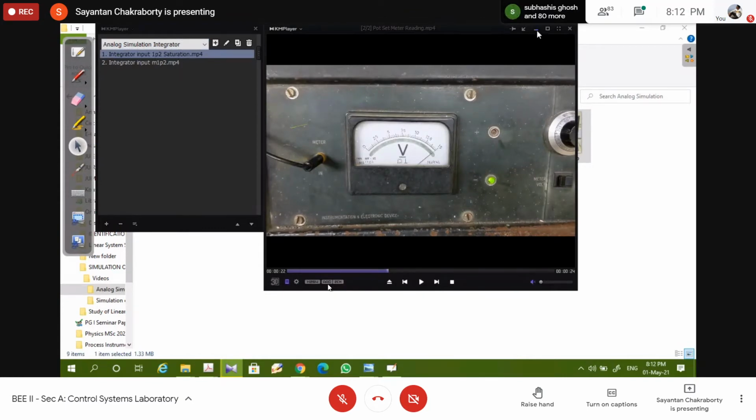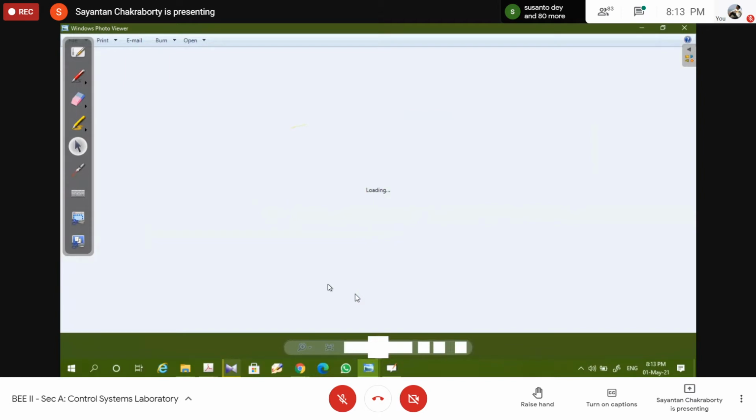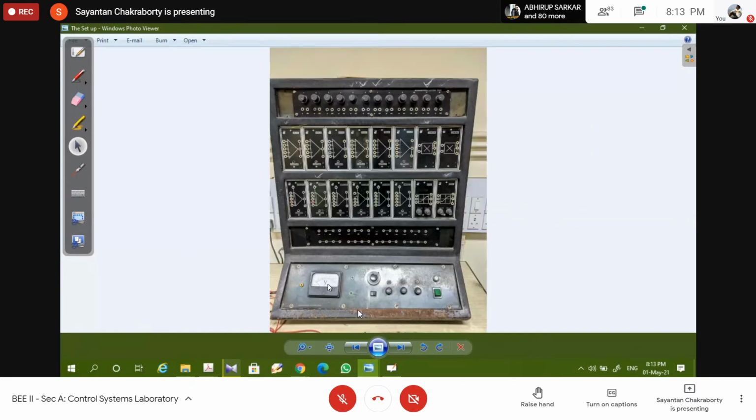Now, in the integrator circuit, if you look at the connection diagram, these are integrators.